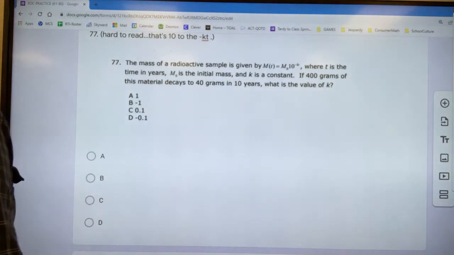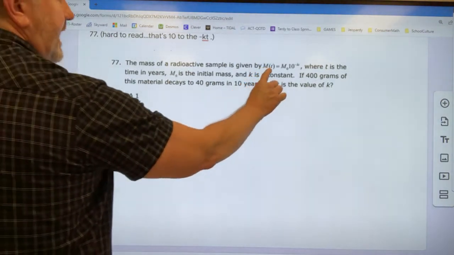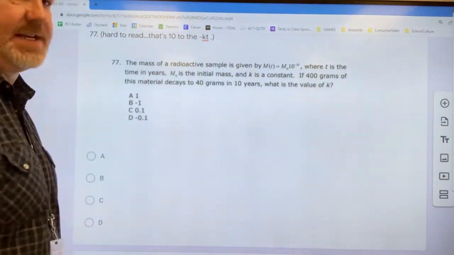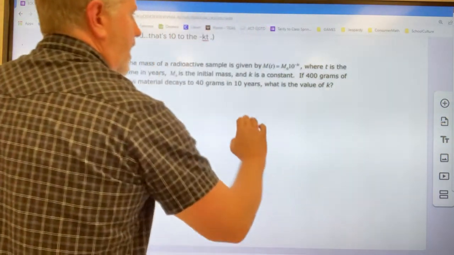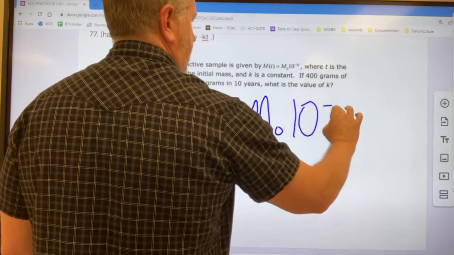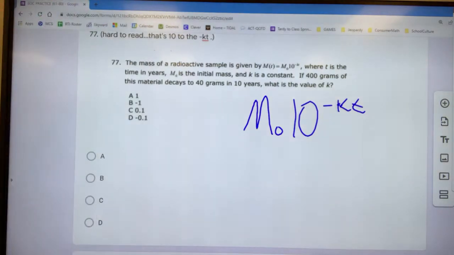All right. So the mass of the radioactive sample is given by m of t equals m sub 0 times 10 to the negative kt. All of that just sounds like a big mouthful, but don't let it intimidate you. T is the time in years, m sub 0 is the initial mass, and k is a constant.